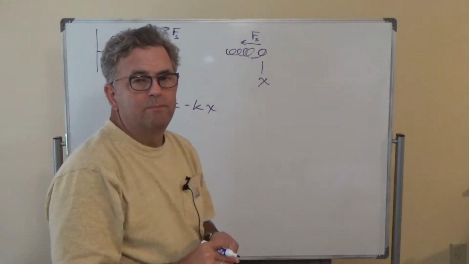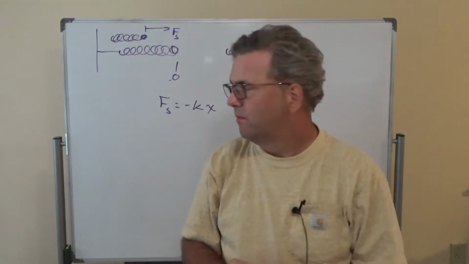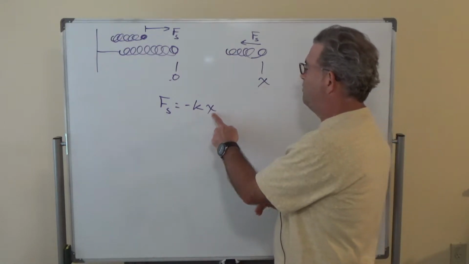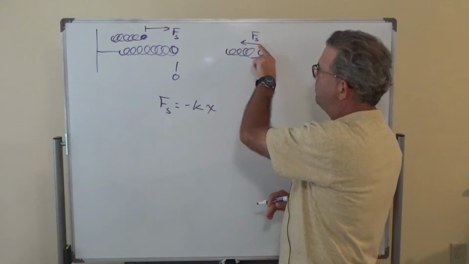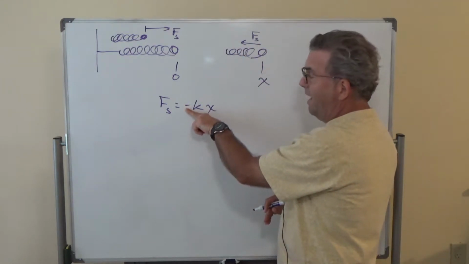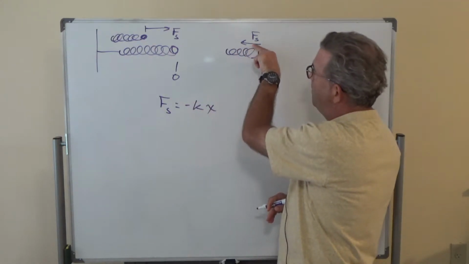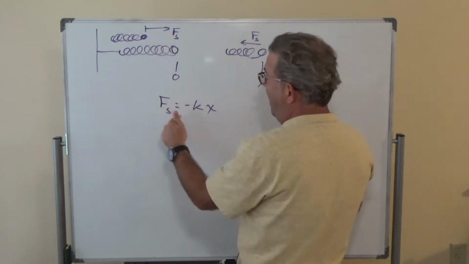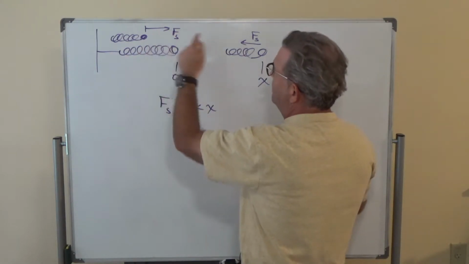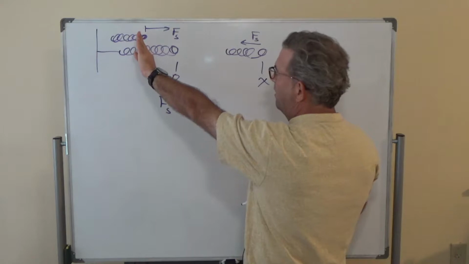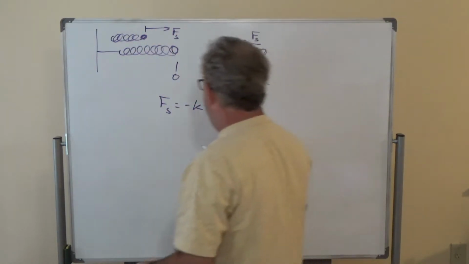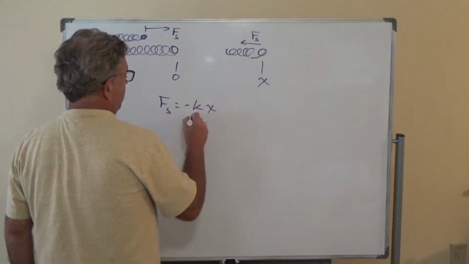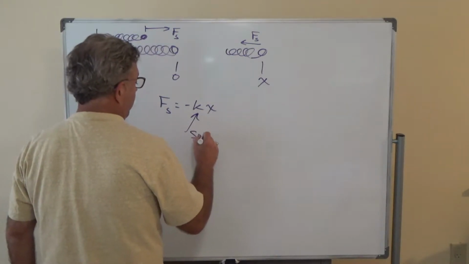Okay? Does that work? Well, if x is positive, if this is 0, and you've stretched the spring, you get a negative, right? If x is negative, you're compressing the spring, then you get a positive spring force. And this k is called the spring constant.